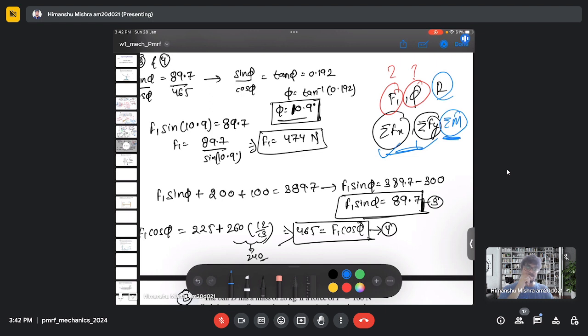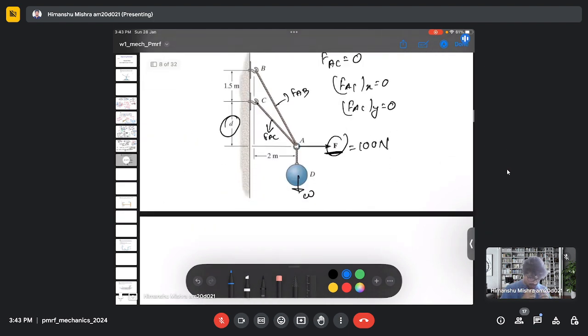In the previous question we did not need to use the moment balance, because we were able to get the unknown quantities by the summation of force itself. But we will be solving a few questions where we have to do the moment balance in order to get the unknown quantities. We will look at that shortly in the subsequent questions.